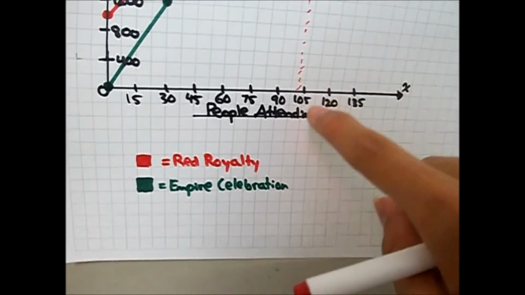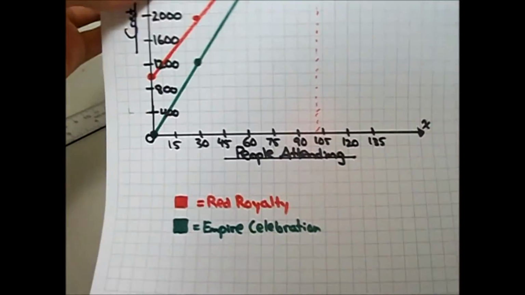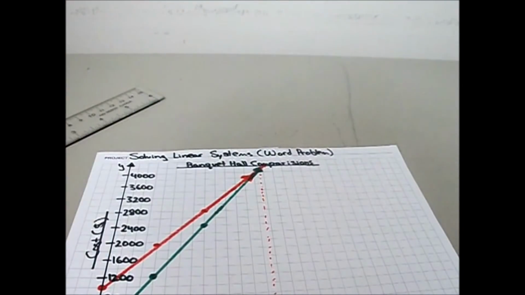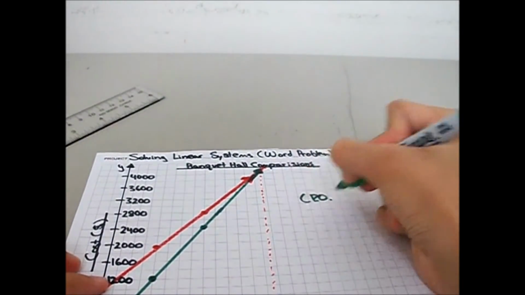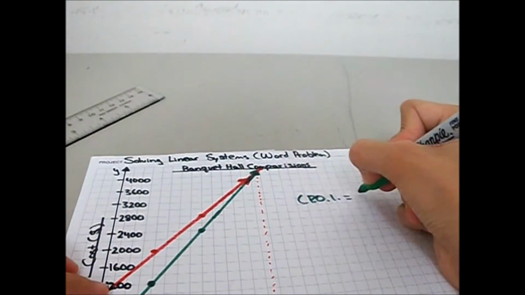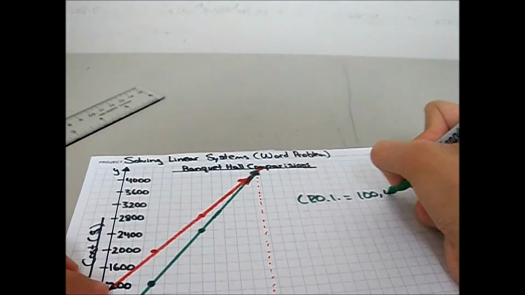So if we were to roughly estimate, we'll go with 100, and I'm pretty sure that is the correct answer. So our point of intersection for this one is 100 and at 4000.